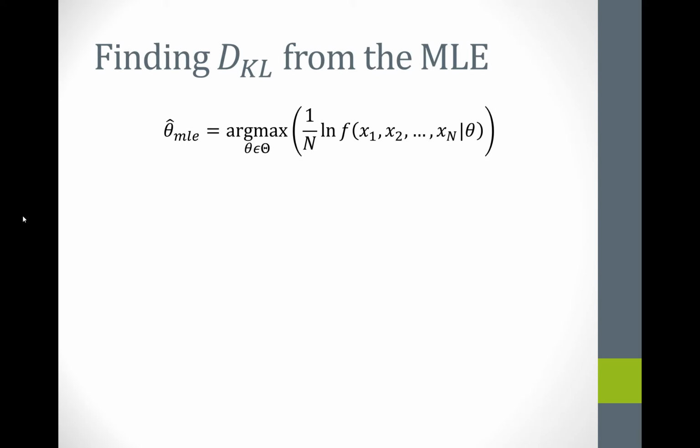We're taking the argmax of the average of the log likelihood. And we use the real analysis axiom that if you're taking the maximum of a set of values, you can accomplish the same thing by taking the minimum of the negative. So the minimum of negative log likelihoods is the same as the maximum of the positive log likelihoods.